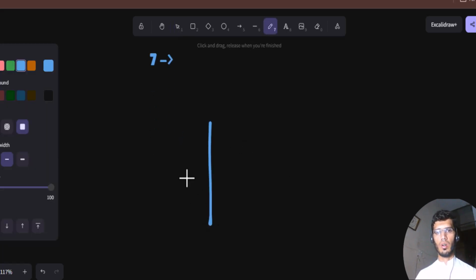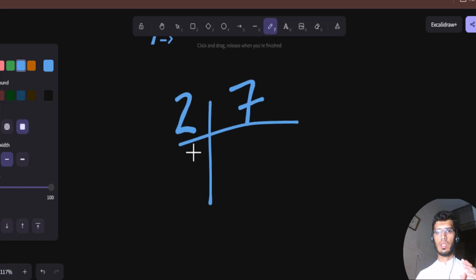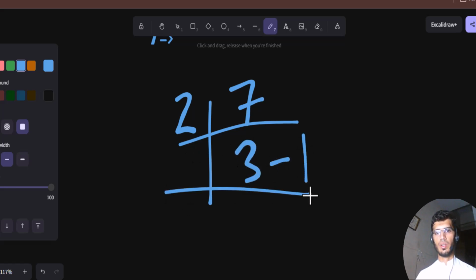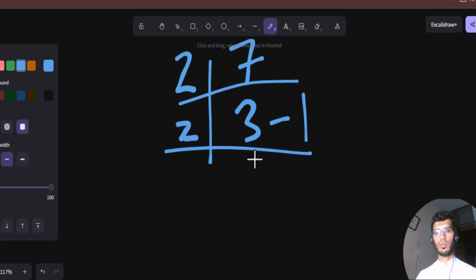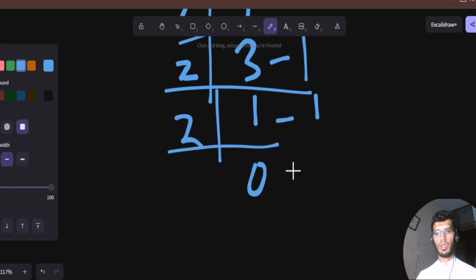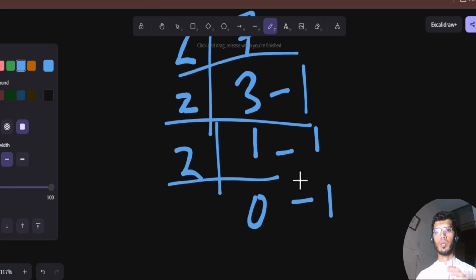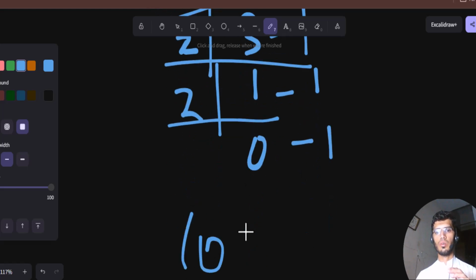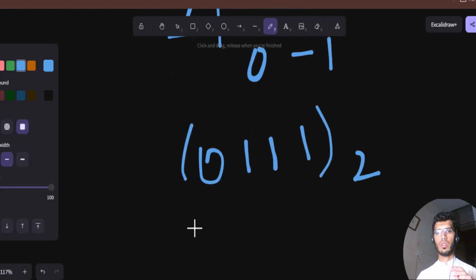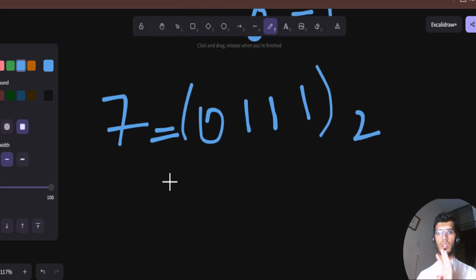Take 7 divided by 2, that is 3, remainder 1. Now 3 divided by 2 is 1, remainder 1, and again 1 divided by 2 is 0, remainder 1. So the bits are 1 1 1. As you have seen, for number 7 we need 3 bits.